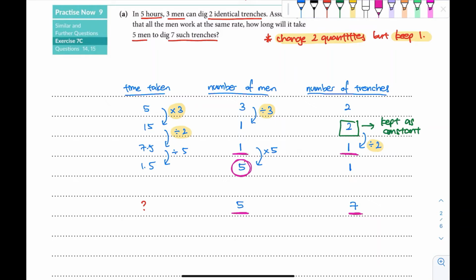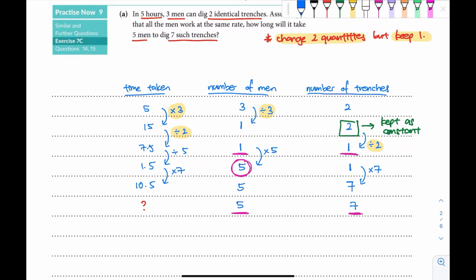Now the next thing that I need to meet the objective of is to get 7 for the number of trenches. So if I'm going to multiply by 7 over here, if I have more trenches, I will definitely need more time. So therefore, I will times 7 on the left here, which is going to be 10.5. I'm keeping the number of men constant.